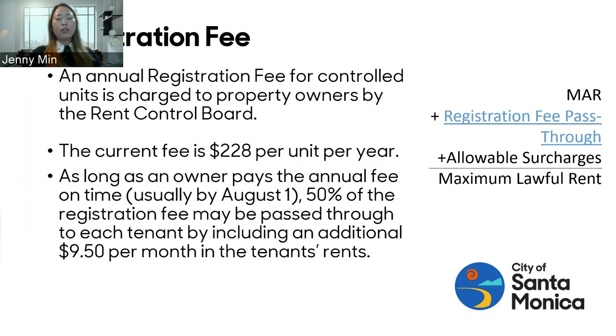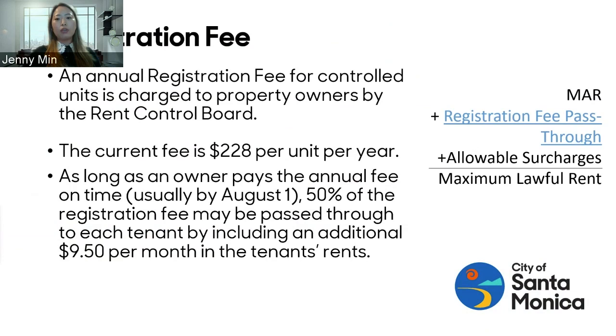So as I mentioned, there are three things that the maximum lawful rent includes. So the additional thing that can be added to the MAR is the registration fee. An annual registration fee for controlled units is charged to property owners by the Rent Control Board. Currently, the fee is $258 per unit per year.